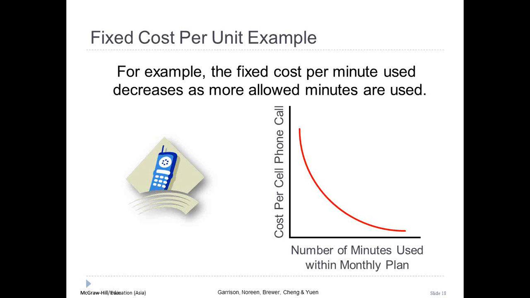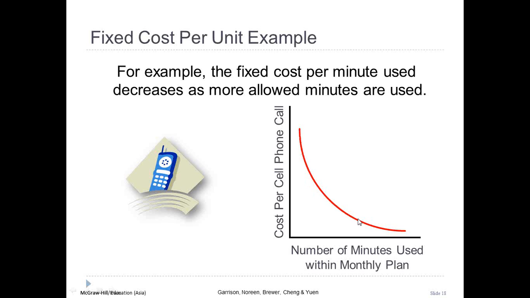And so we see the classic curve. This is very common when we create new products. What is the cost for the initial product? It tends to be high. So when we create our first product, total costs are high. Likewise with the fixed cost per unit curve. If we're only going to use 10 minutes, the fixed cost per minute is high.